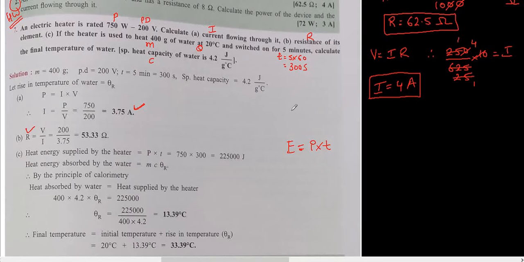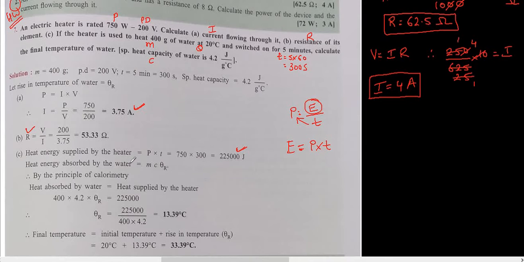You understood how you got this, because you know power is equal to what? Power is equal to energy upon time taken. So time multiplied by power is equal to energy. So power you got, how much power is it? 750. Time is 300 seconds. So you got the amount of energy.